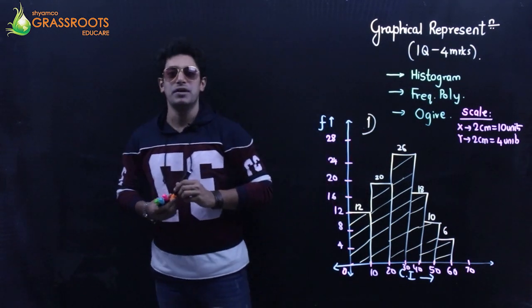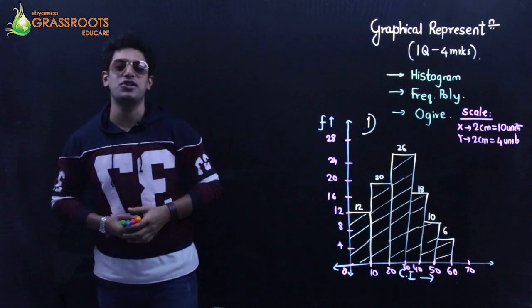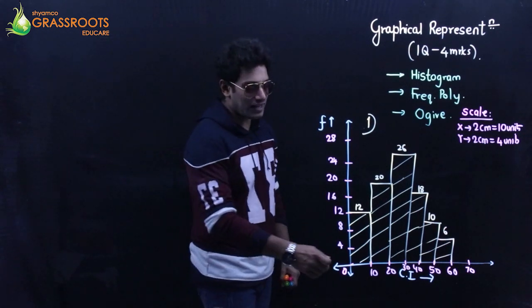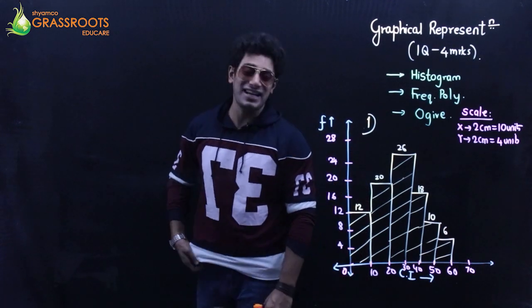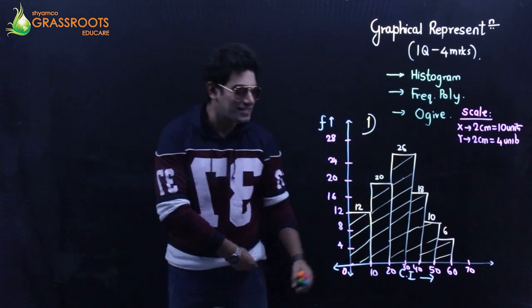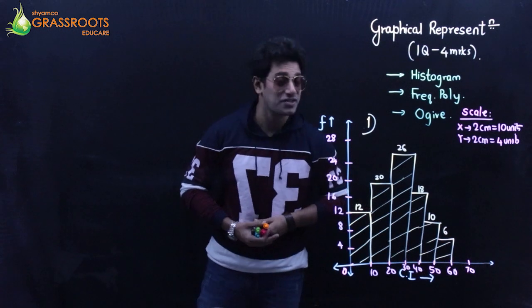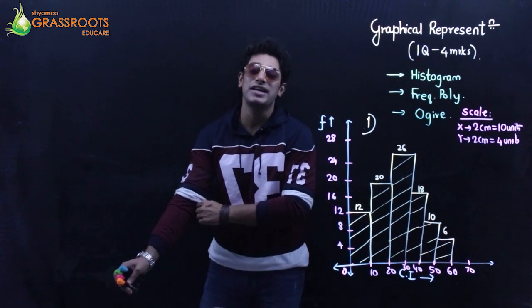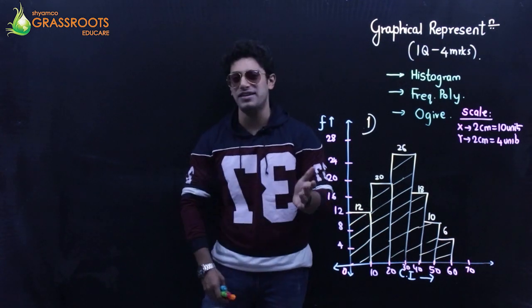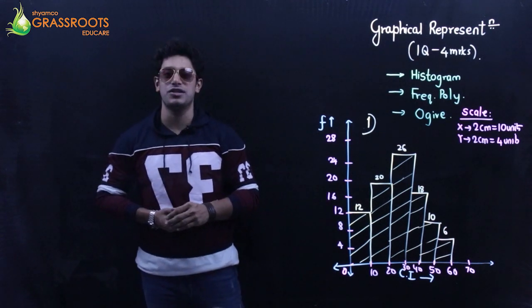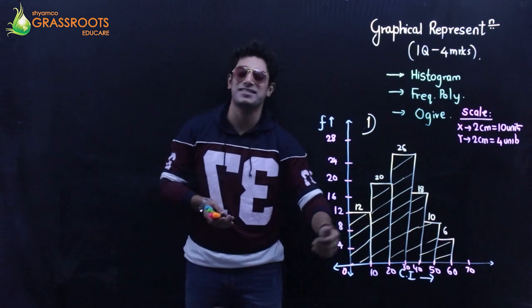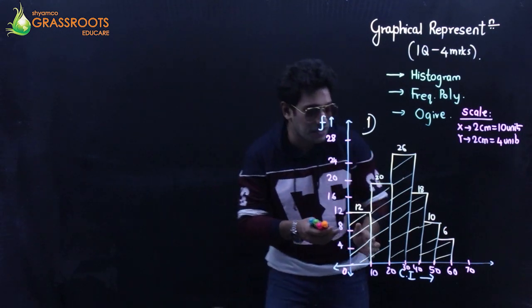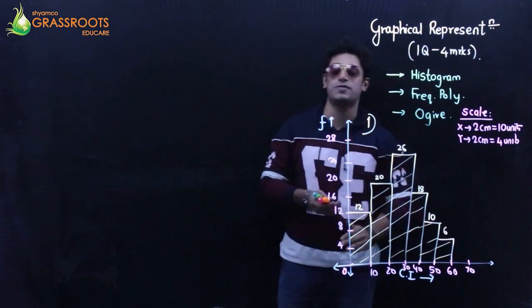Draw the histogram. The two concerns were: concern number one, whether the graph starts from 0, which was not a problem. Second concern, is this a continuous class? Continuous means one class stops at 10 and the next class starts from 10, stops at 20 and the next starts from 20.